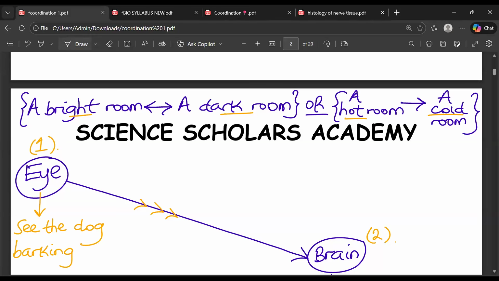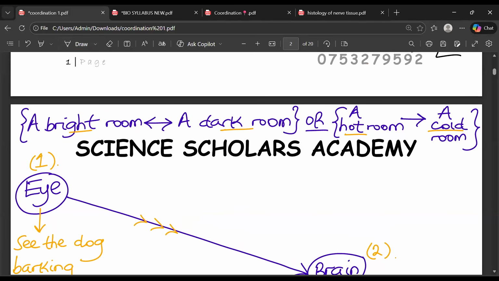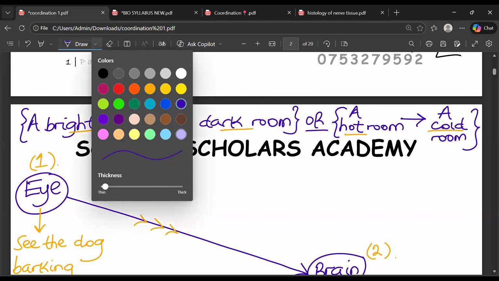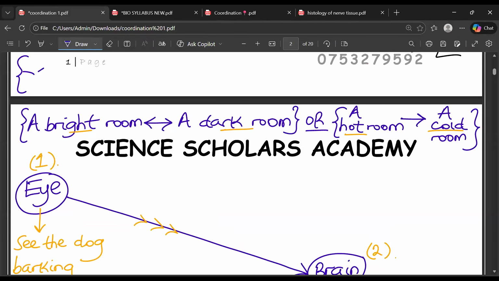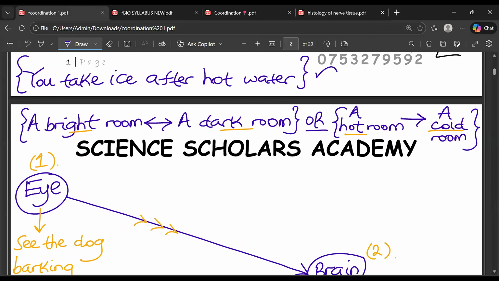But it may not be necessarily that. It is possible that you take ice after hot water. I don't know if you guys have tried that also, but it is possible.